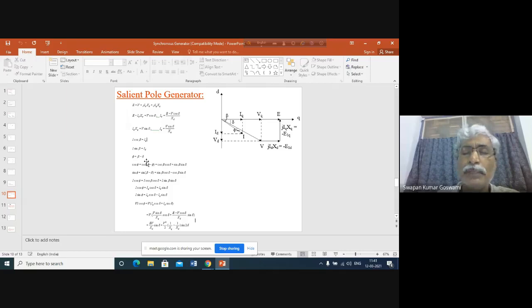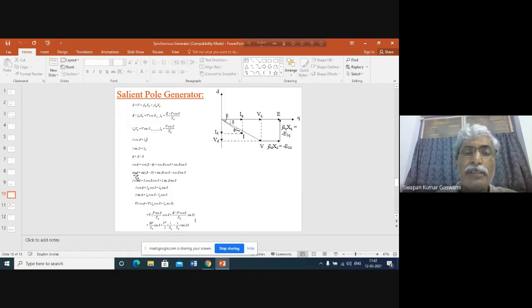Then we shall now be deriving the expression for active power. So let us find what is cos phi, because VI cosine phi is the active power. So cos phi equals cosine of beta minus delta, means cosine beta cosine delta plus sine beta sine delta.